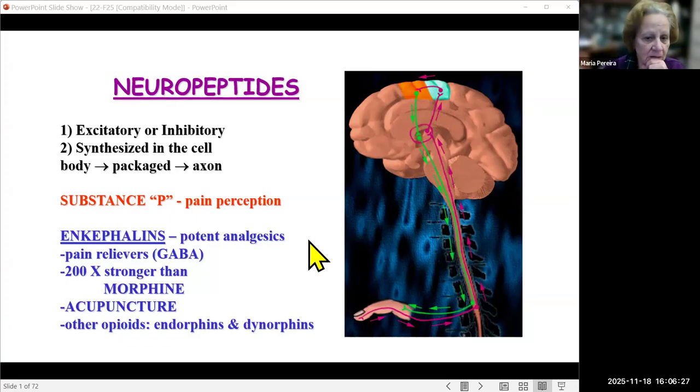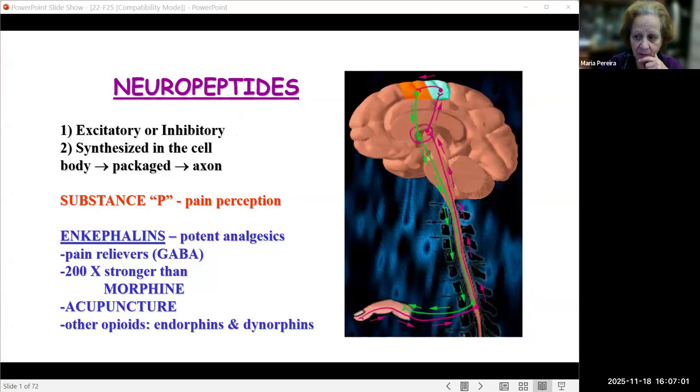Okay, so today we're going to talk about neuropeptides as neurotransmitters. So what are neuropeptides? Peptides, remember, they're made up of amino acids. Therefore, those peptides have to be synthesized. And they have to go through transcription, translation, and then go from DNA to messenger RNA, then to the ribosome, where the proteins will be synthesized.